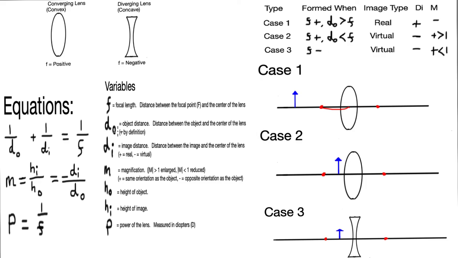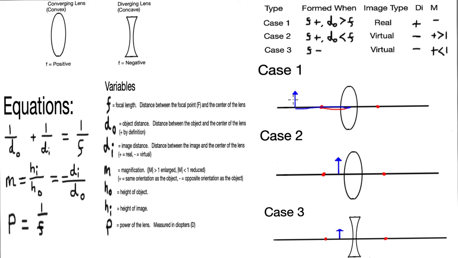The object distance, DO, is the distance between the object and the center of the lens, and it will always be positive by definition. Looking back at the picture, the object distance is between this arrow, which is our object, and the center of the lens. So that would be all of that. The image distance is the distance between the image and the center of the lens.